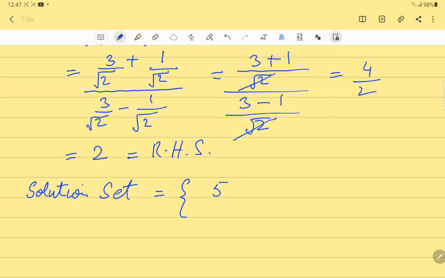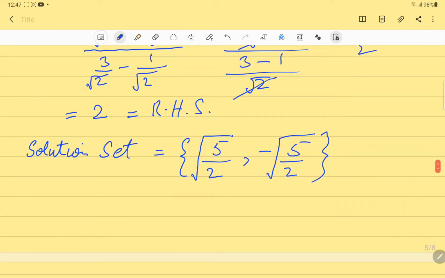Our one answer is square root of 5 over 2 and the other one is minus square root of 5 over 2. So this is our solution and answer of this question.